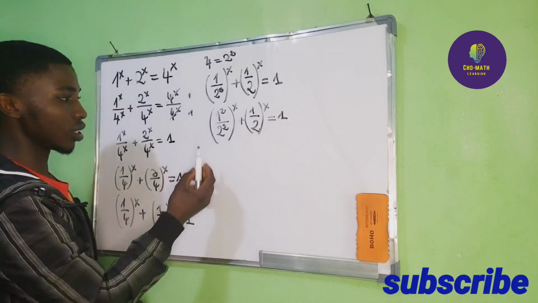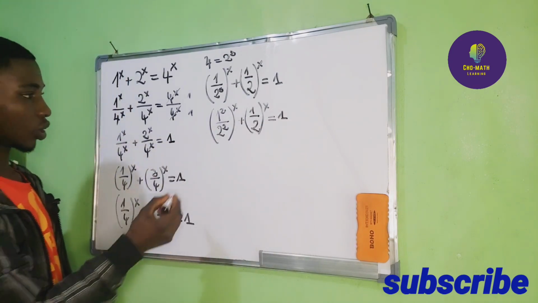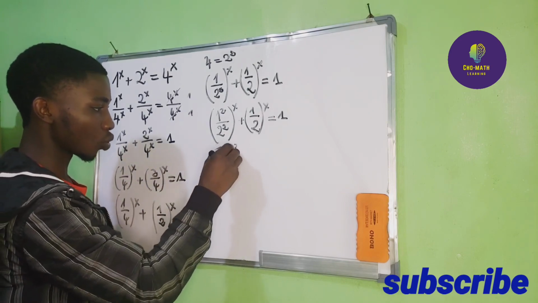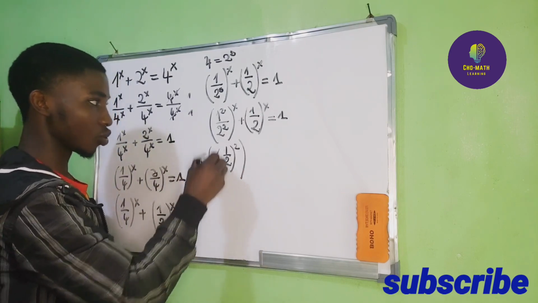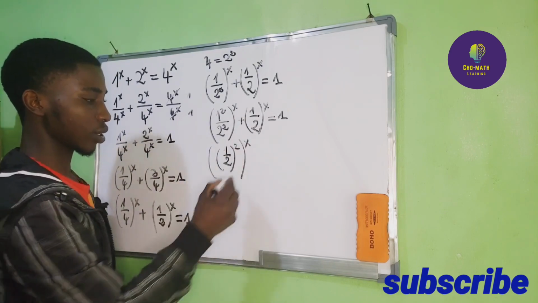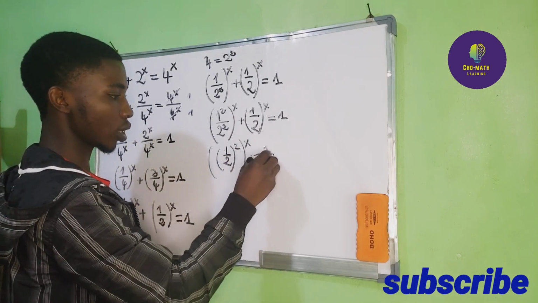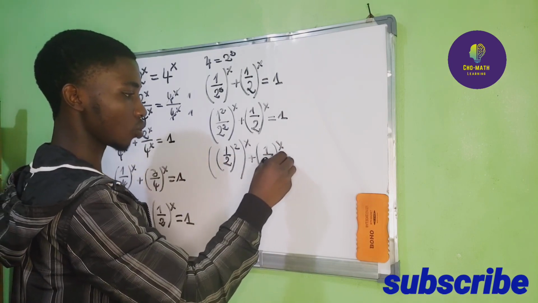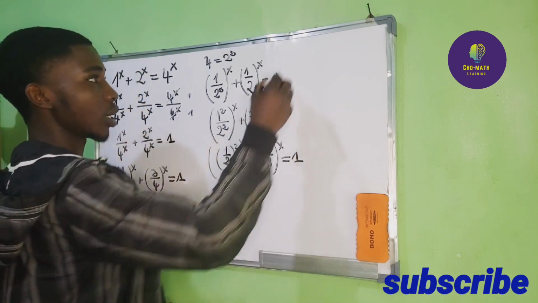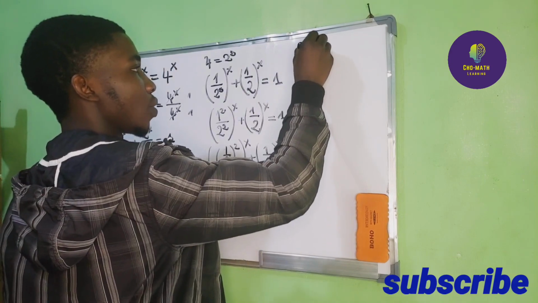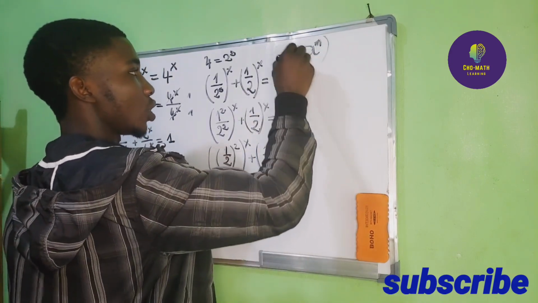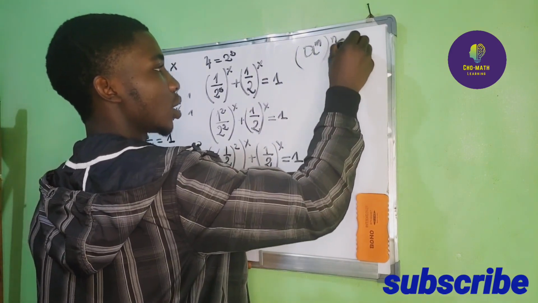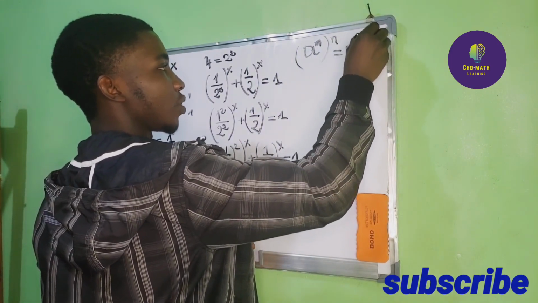We're going to use the same formula that we used here. So we have ((1 on 2) squared)^x plus (1 on 2)^x will be equal to 1. Now we know that if we have (a^m)^n, it is equal to a^(m times n).